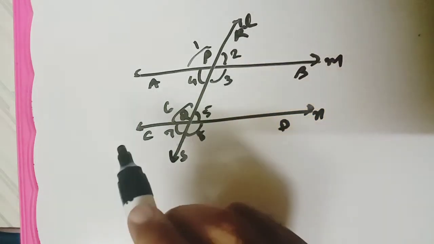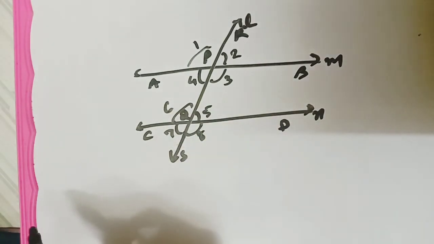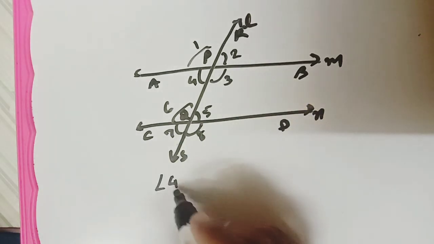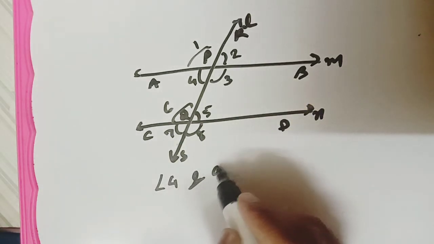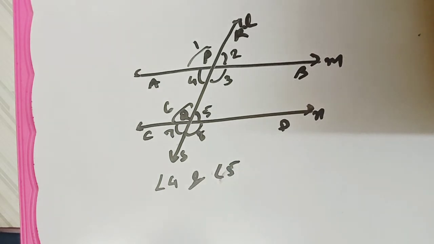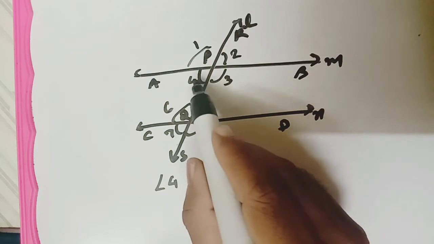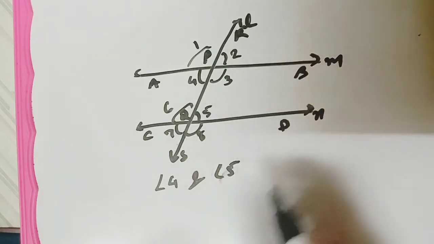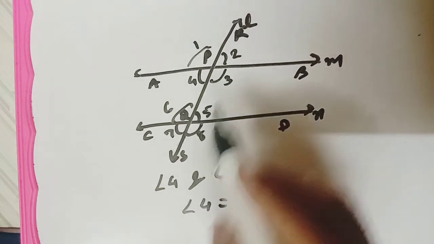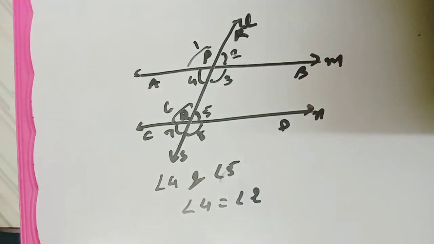Now we think about alternate angles. So what about alternate angles? Here we take angle 4 and angle 5 and check their relation. Angle 4 equals angle 2, because 4 and 2 are vertically opposite angles, which we have already studied.